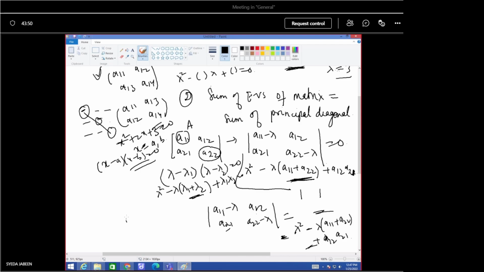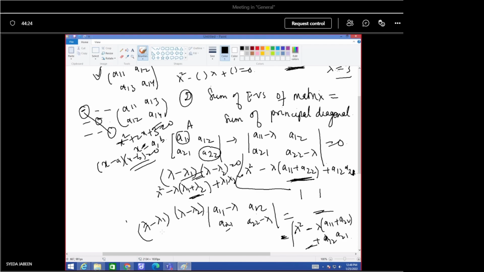Again, you will see that if lambda is the eigenvalue of this matrix, then when you break the determinant form, you actually reach some polynomial. When you reach a polynomial, if you take the roots of this equation, as we were saying here, you can write it in factor form: lambda minus lambda 1 into lambda minus lambda 2. So this determinant can be factorized in this form.